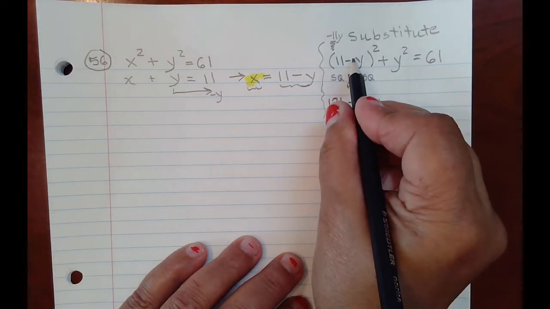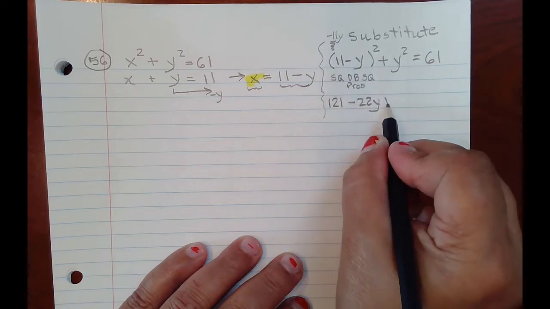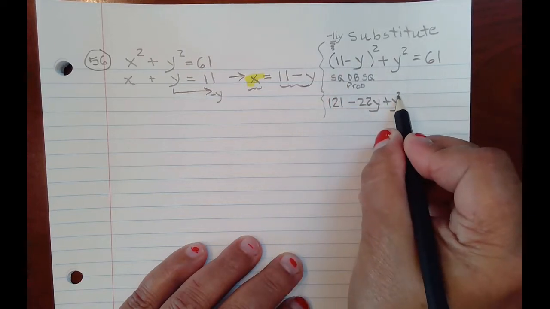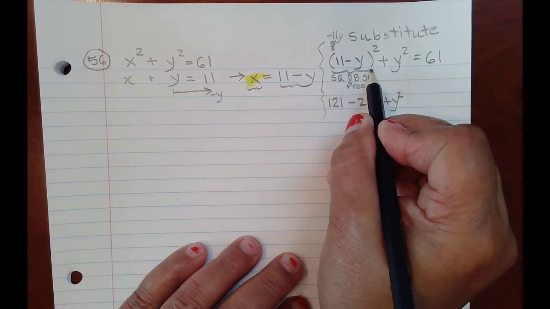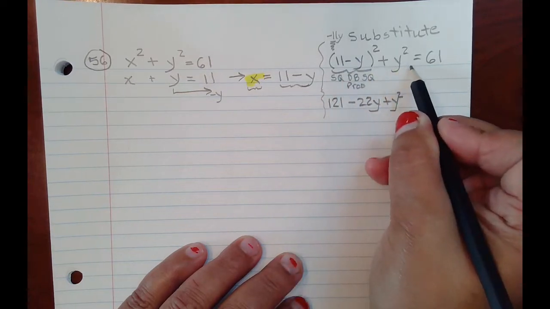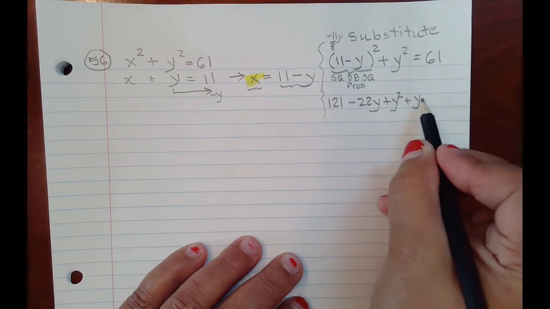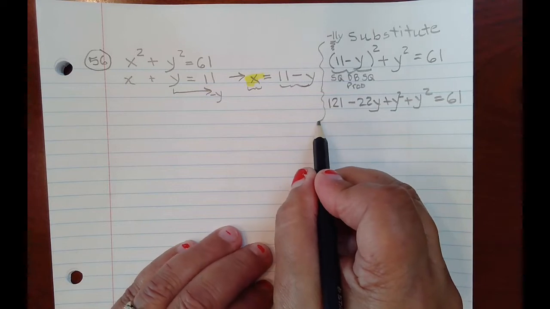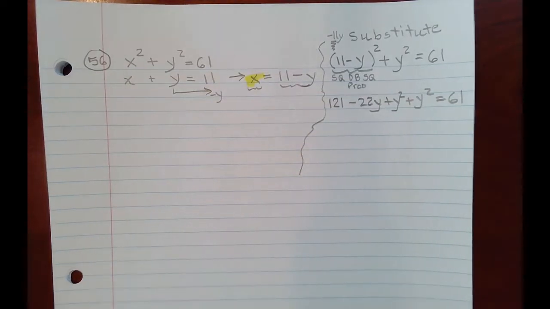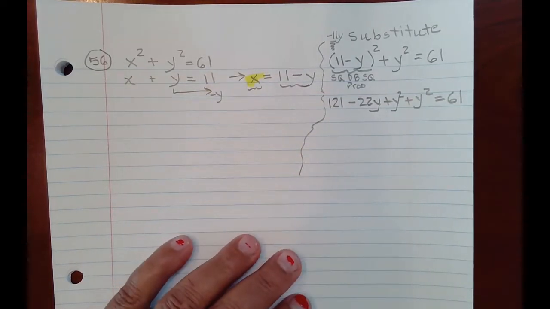Now square again. When you square negative y, you get positive y squared. So I just got all of this square FOILed out. There's an additional plus y squared, an equal sign, and a 61. You now have an equation with no x's in it.